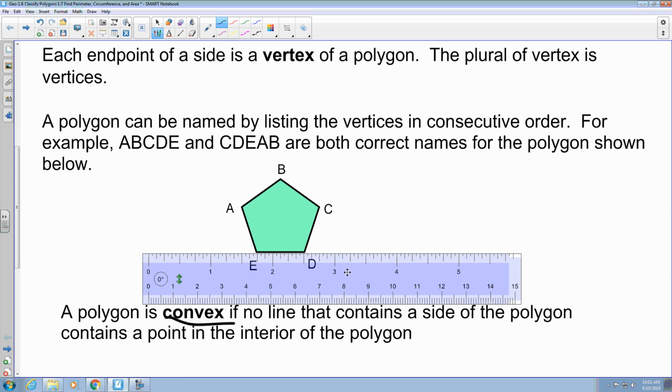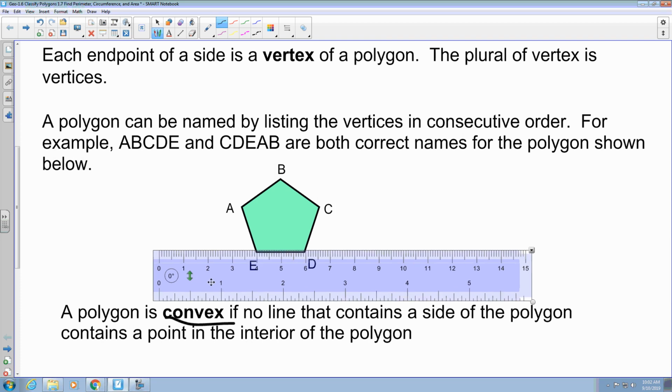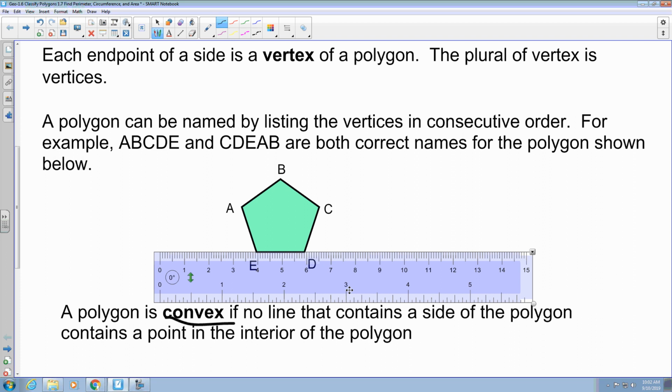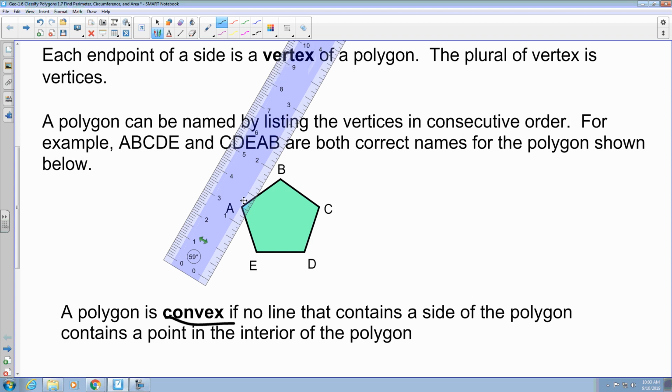From here, this ruler is touching line segment ED. Now I realize that this ruler is not touching the interior, which means that for at least this initial part, it could be convex.